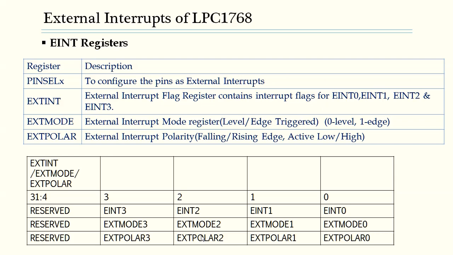And when it is level, you also need to look into whether it is active high or active low. So the EXTMODE and EXTPOLAR are interrelated, which means that if at all you say that the external interrupt has the mode of level, which means that the external polarity would either be active high or active low.